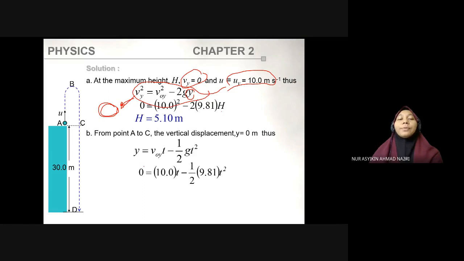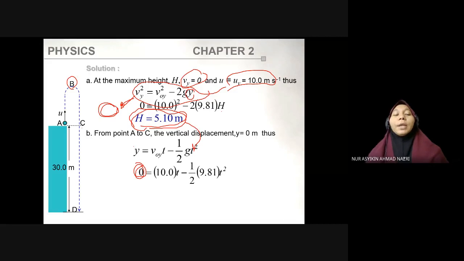Okay, sebab apa Y0? Nampak tak Y0? Kenapa dia tak guna Y ni? Boleh tak nak guna Y ni? Boleh. Tapi time yang awak dapat untuk dia reach the maximum height saja. Tapi the question asks you to find A to C. So you know that dia adalah double, then you doublekan. Kalau yang ni nak guna H. But now kita tak nak.